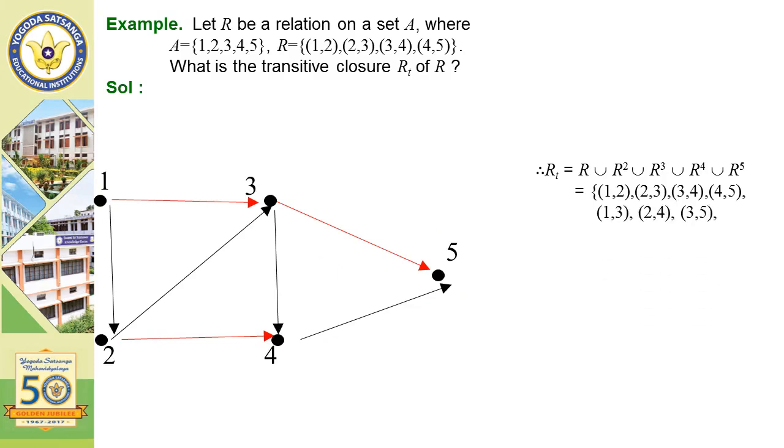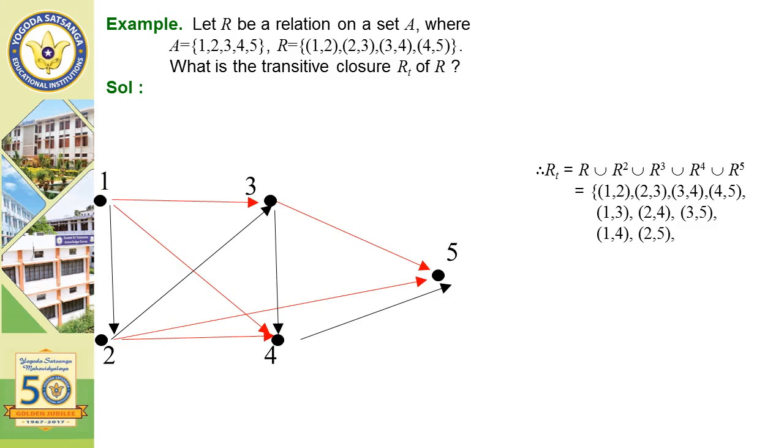Hence in R square the following elements will be there: (1,3), (2,4), (3,5). In this way we can find R cube, having the elements with path length of 3. So (1,4) and (2,5) have the path length of 3.